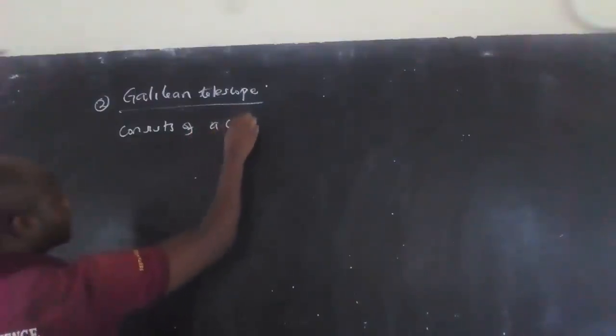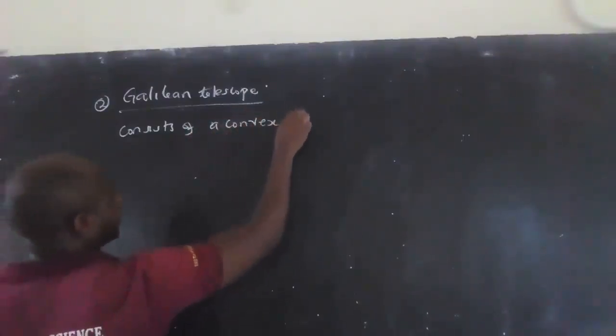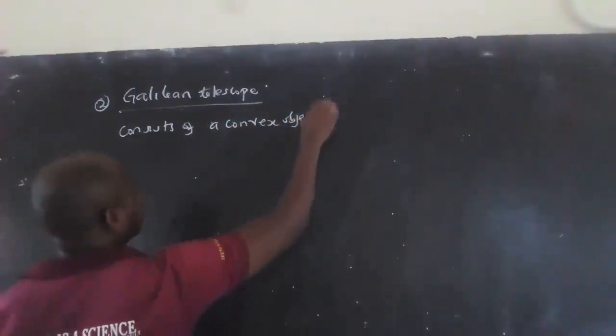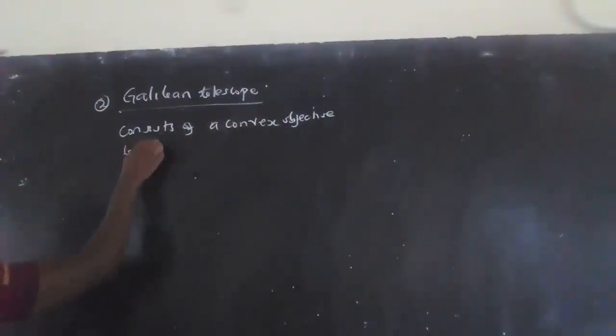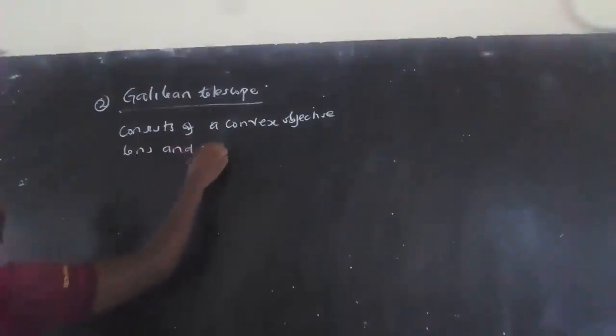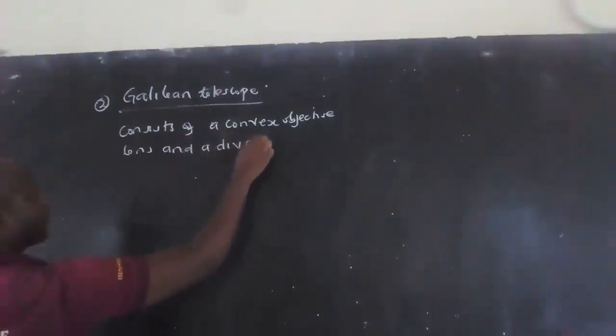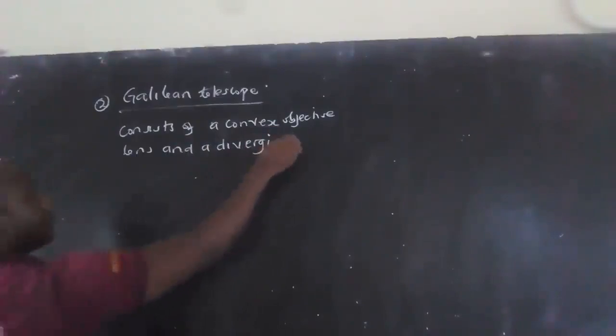Okay? So let us go and look at the Galilean telescope. Telescope consists of a convex objective lens, and a concave or diverging eyepiece.